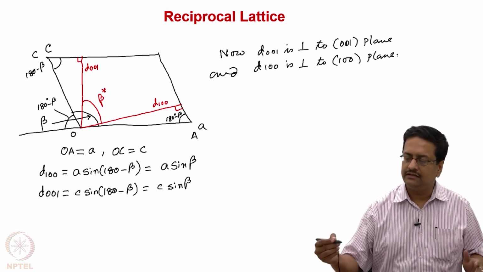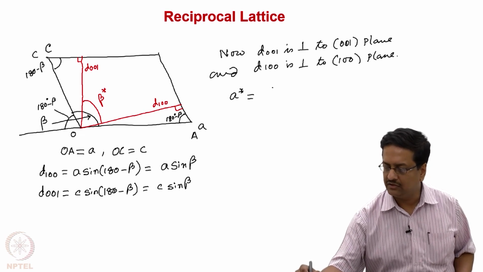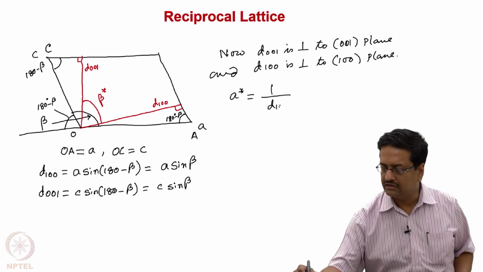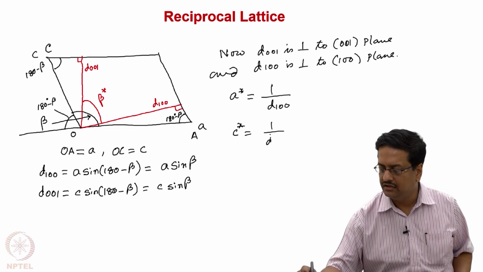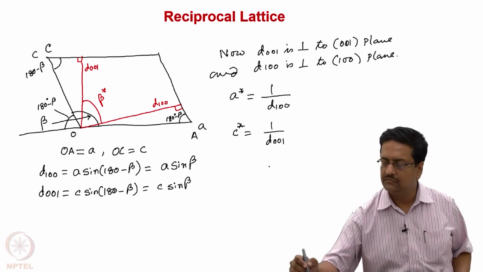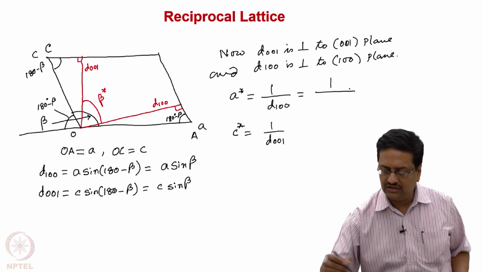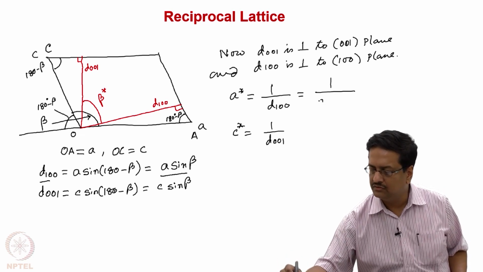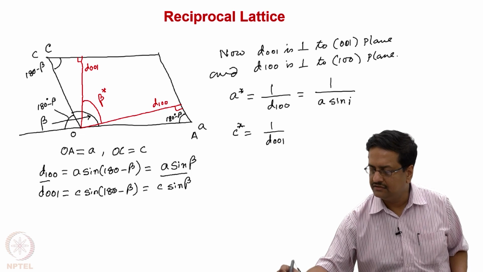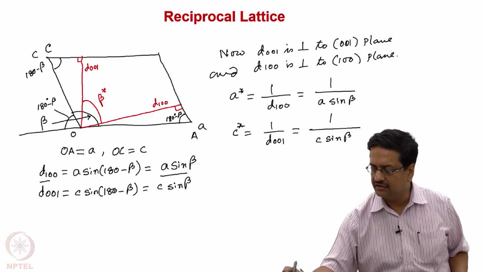So the reciprocal lattice distance A star is nothing but equal to 1 by D100 and C star is equal to 1 by D001. So now A star is equal to 1 by D100 and D100 is A sin beta. So A star is equal to 1 by A sin beta and correspondingly C star equal to 1 by C sin beta.